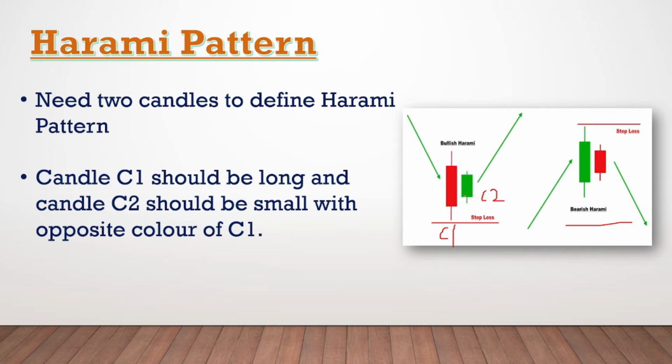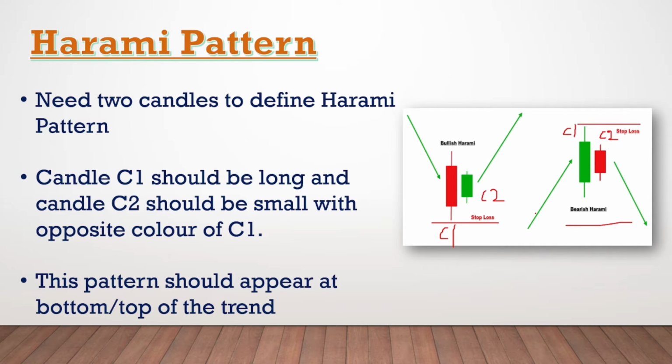So if candle C1 is a bearish one, candle C2 should be a bullish candle with a small real body. The same thing applies here: candle C1 is a long candle, and candle C2 is a red candle, which is opposite to the previous candle. A pattern which satisfies these rules, then we say it is a Harami pattern.